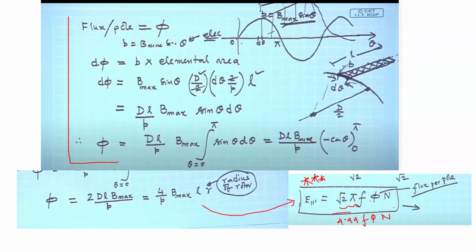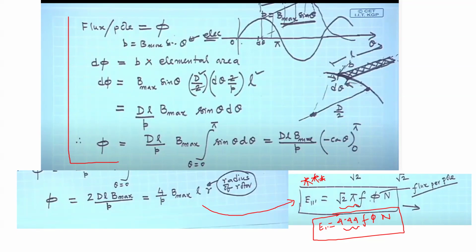In your notebooks, in your BTech books or some literature, you will see it as 4.44, where root 2 pi is replaced. So this is a very basic expression of EMF. This derivation is discussed by sir. It is not a very difficult derivation, you can see and understand it. I have to discuss questions also, so I am not writing the derivation here and explaining it.